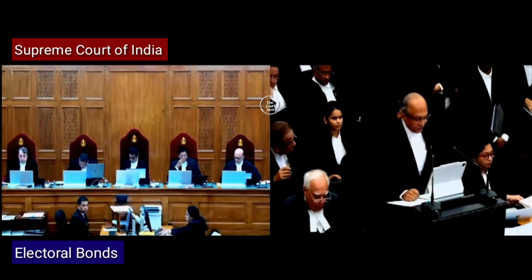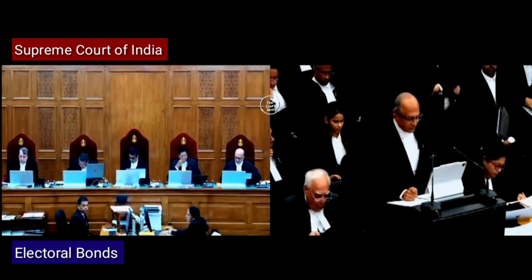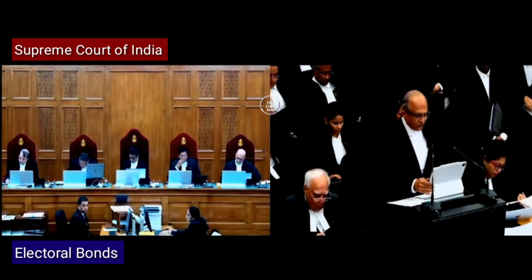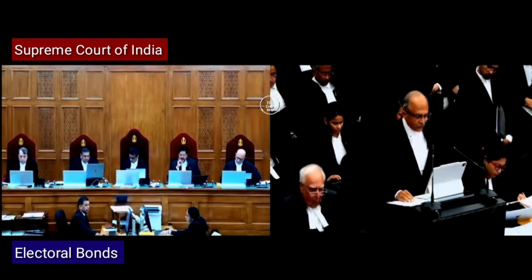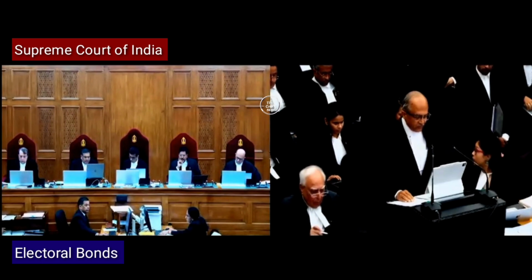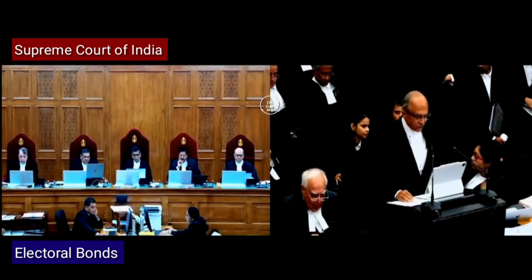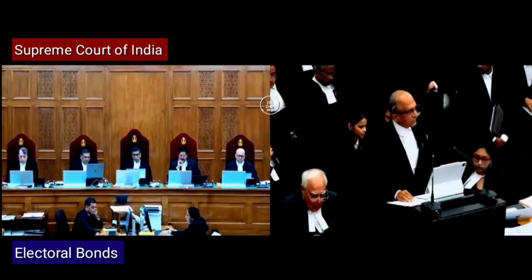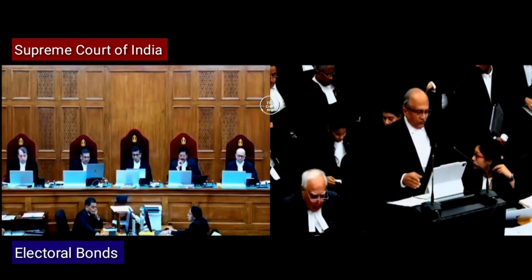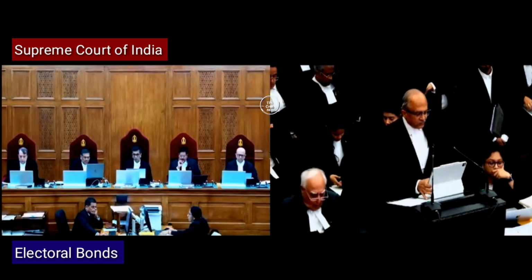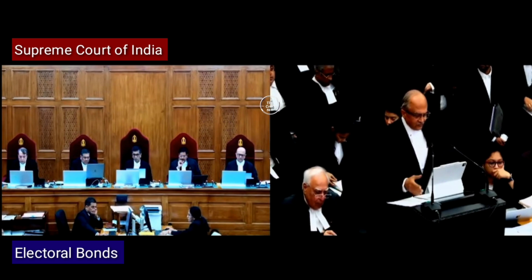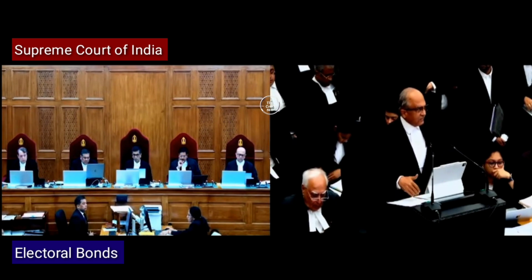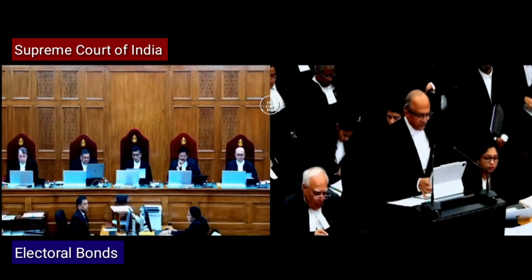And then, my lord, D, no donation exceeding 2,000 rupees is received by such political party otherwise than by account payee cheque drawn on a bank or an account payee draft or use of electronic clearing system through a bank account or through electoral bond. So everywhere, my lord, electoral bonds have been not only introduced, they have been exempt from disclosure under the Companies Act, under the Income Tax Act, under the Representation of People's Act, etc.